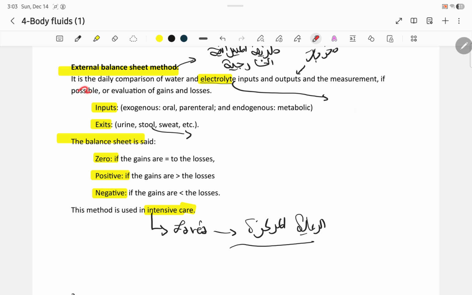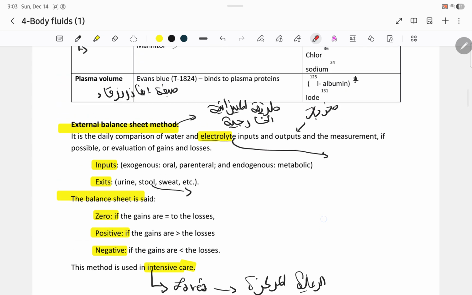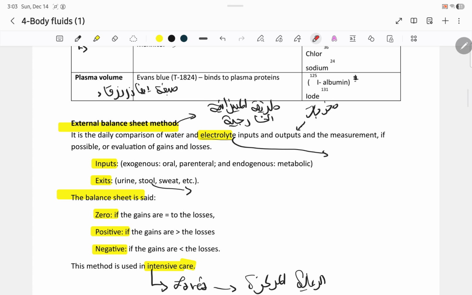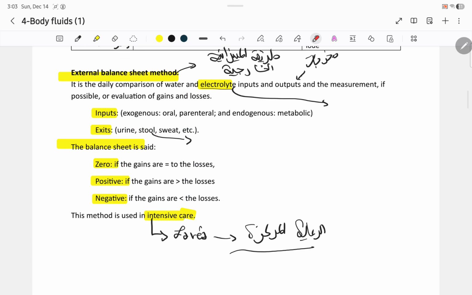So it is the daily comparison of water and electrolytes, the ions. Let's say the electrolytes are the ions to make it easy. Inputs and outputs and the measurement of it if it's possible, or evaluation of gains and losses. It's like how much you gain electrolytes and how much you lose electrolytes, how much you gain water, how much you lose the water.